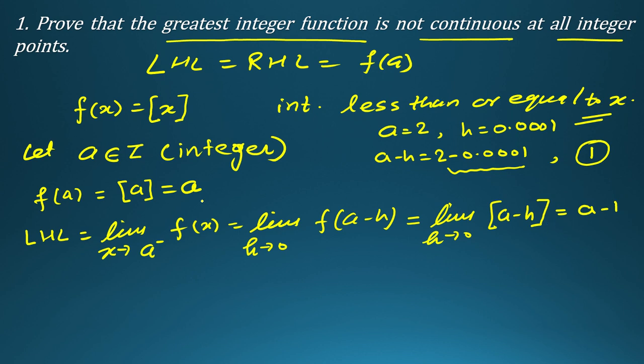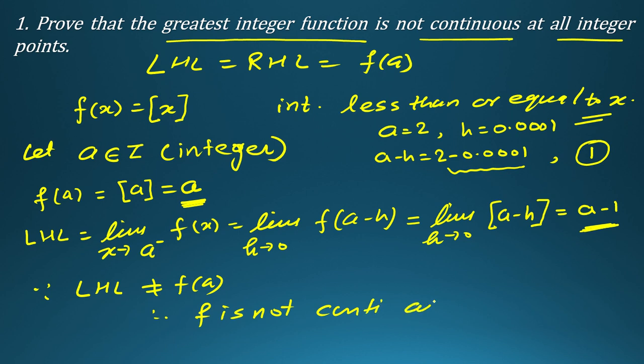So you can see here, f(a) is a and our LHL is a minus 1. Since LHL is not equal to f(a), therefore f is not continuous at x equal to a. And what was a? a was a general integer.